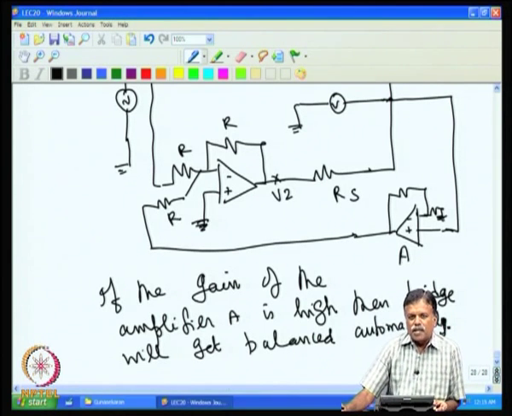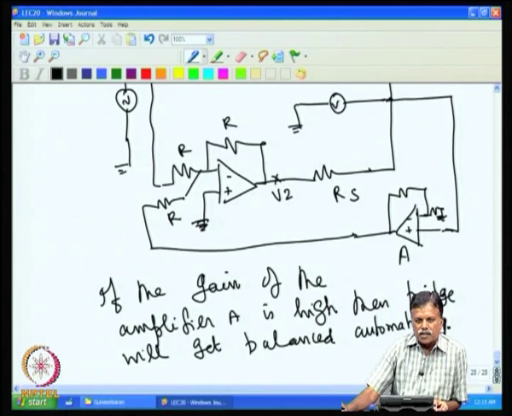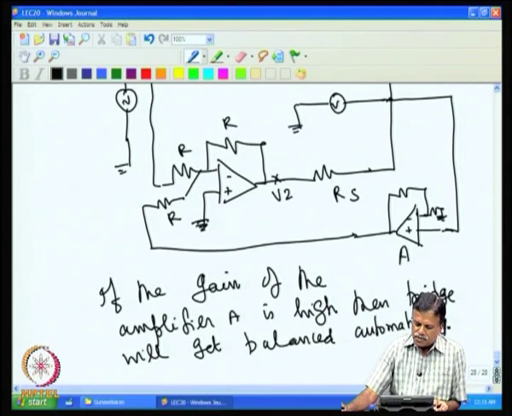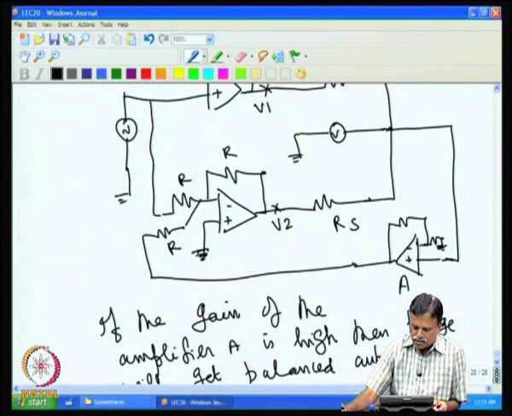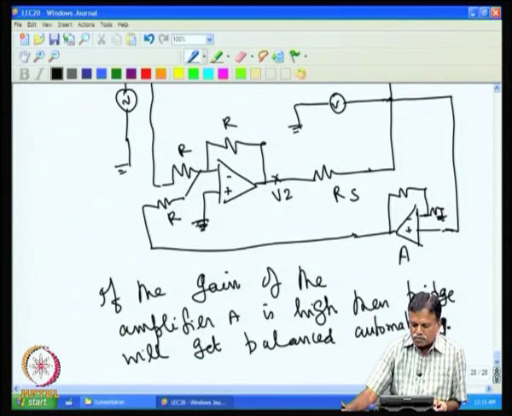Because manual balancing of the bridge is a problem, and this automatic balancing helps us. So, we need not balance the bridge; bridge balancing takes place automatically.